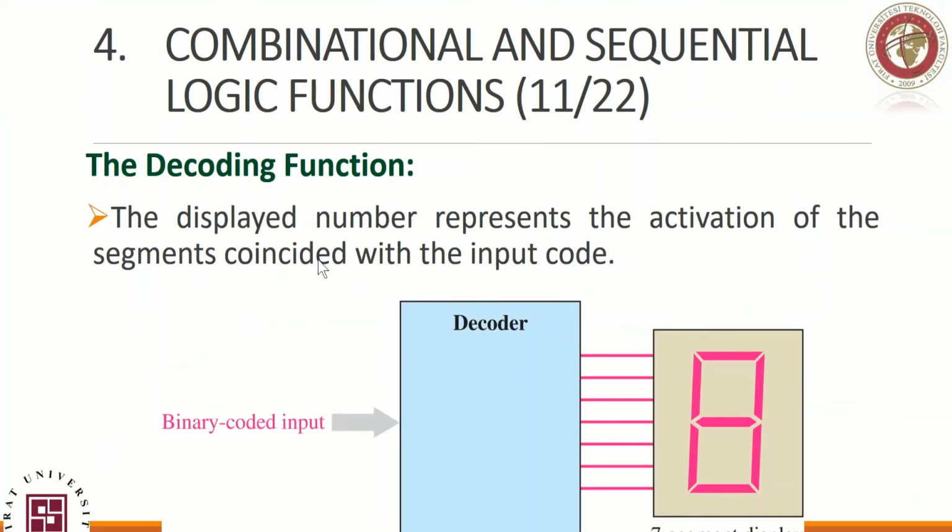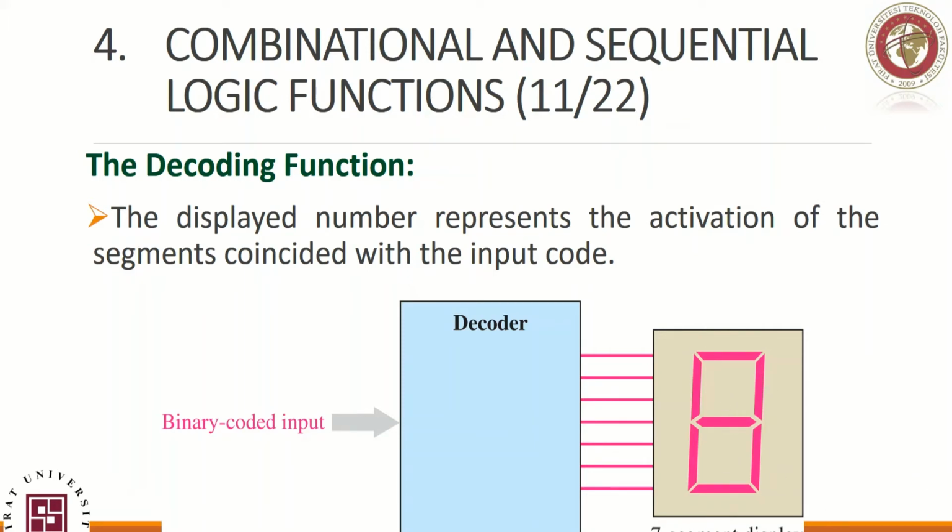So in that case, we may have a binary code, and then we represent the output based on this representation. We have a 7 segment display. If you count here, 1, 2, 3, here 1, 2, 3, and this is 1. So 3 plus 3 plus 1, these are 7 segments.